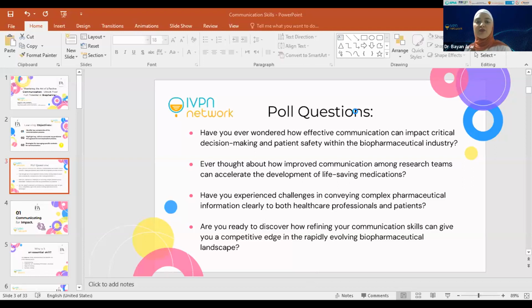Ever thought about how improved communication among research teams can accelerate the development of life-saving medications? The third question would be, have you experienced challenges in conveying complex pharmaceutical information clearly to both healthcare professionals and patients?